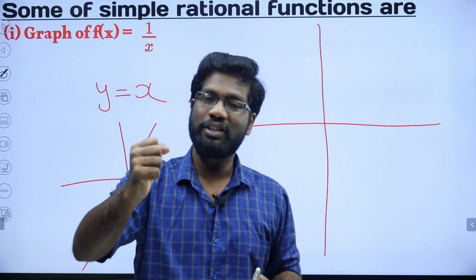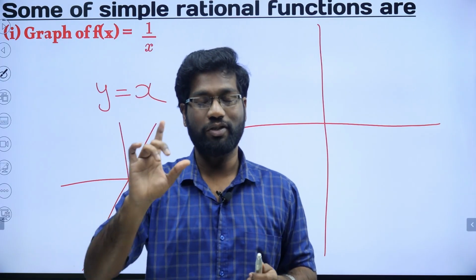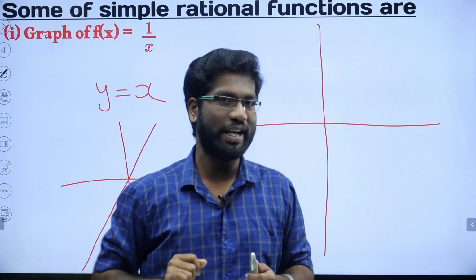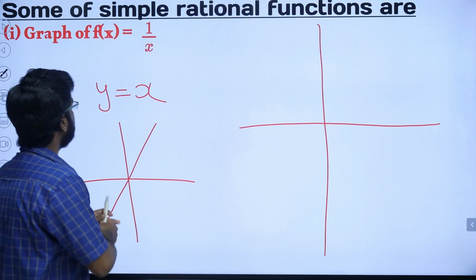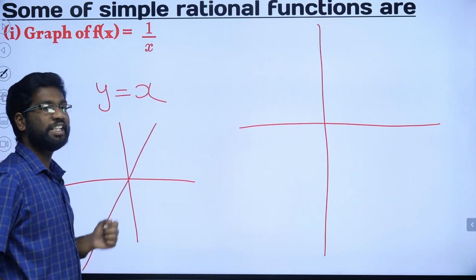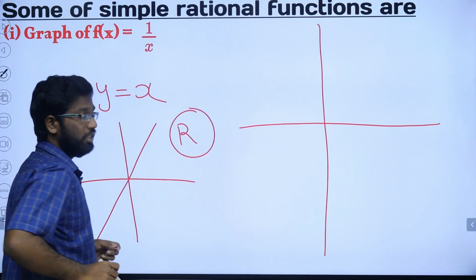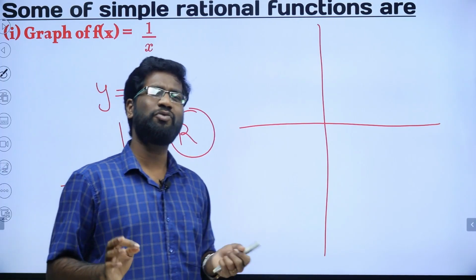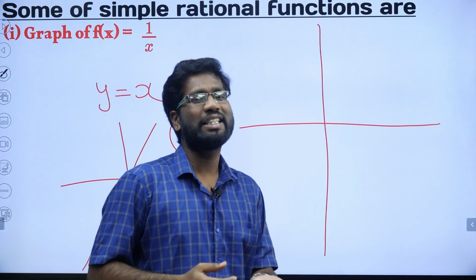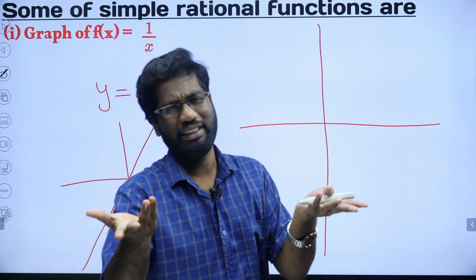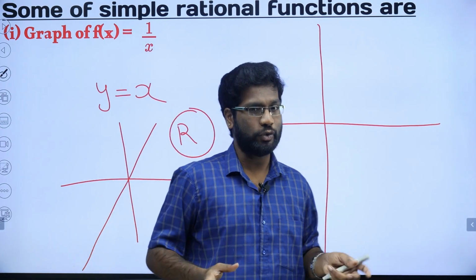For example, here y equals x, the domain is R. For every real number there is a defined value, because whatever input I give, I get the same output. So there is no problem at all.